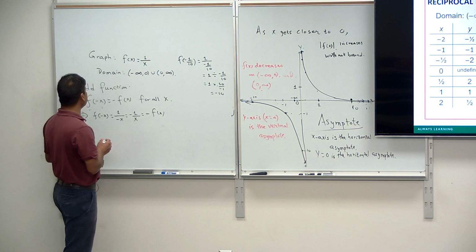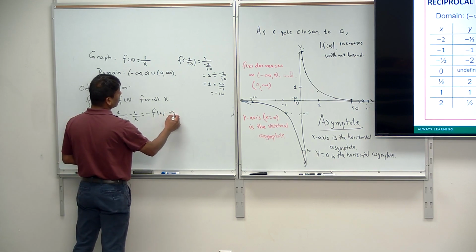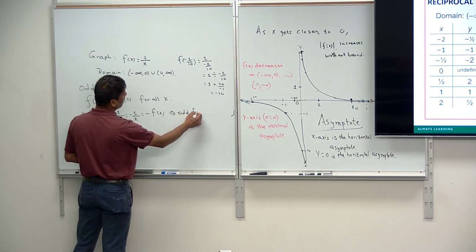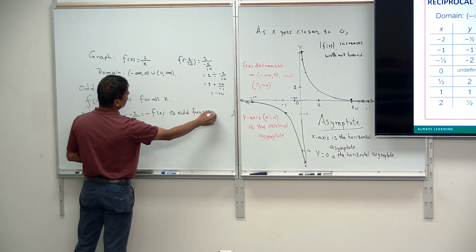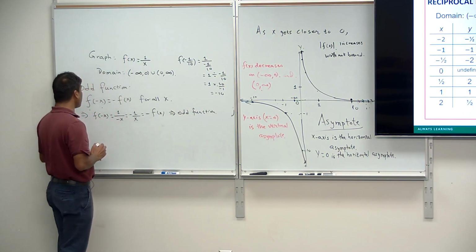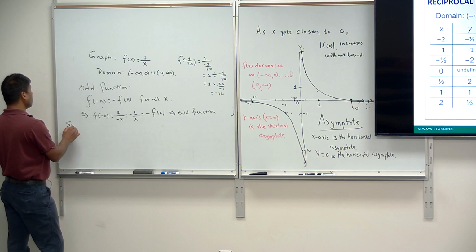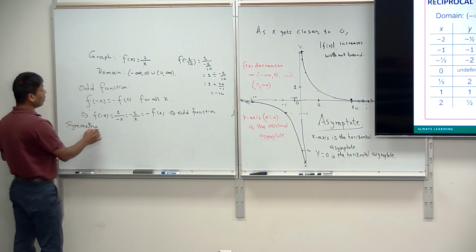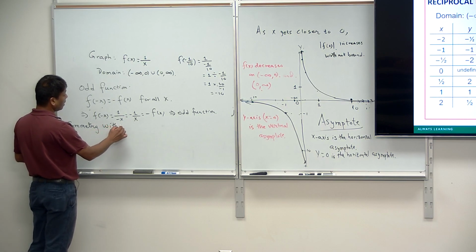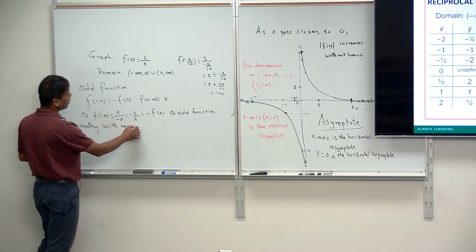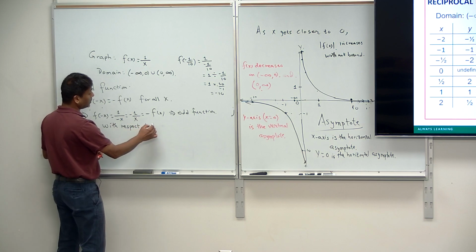So that means this function is odd. And then this is symmetric with respect to the origin. If you want to test symmetry with respect to the origin.